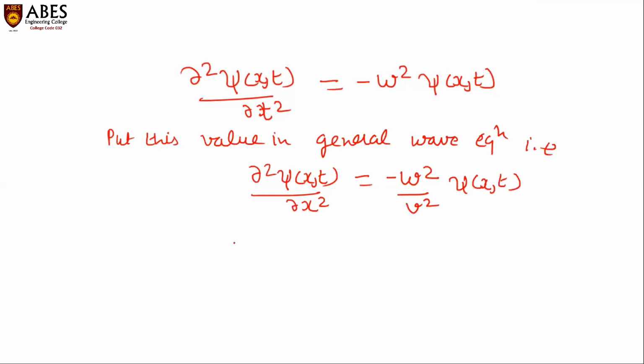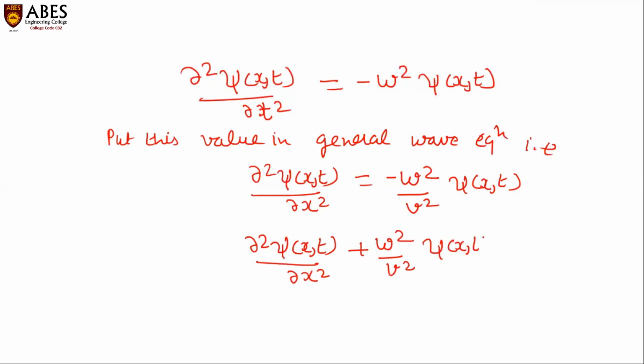Or we can write it as del square psi(x,t) over del x square plus omega square over v square psi(x,t) is equal to 0. This is equation 3.